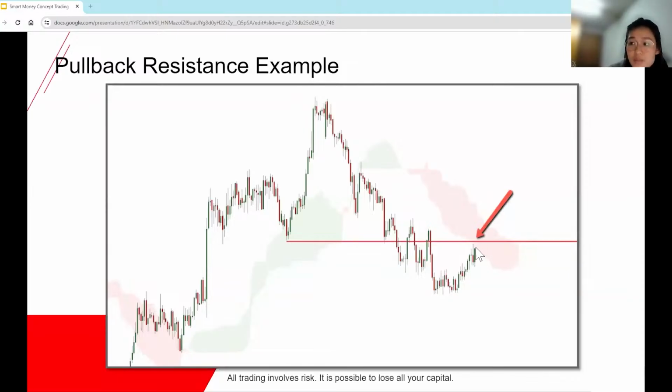Okay, so we can see price bouncing off of the Ichimoku cloud. So that in combination with this pullback resistance level shows that we might be seeing price bounce off of this level subsequently. So once price reaches this level and reverses off of it, it then becomes an overlap resistance level.